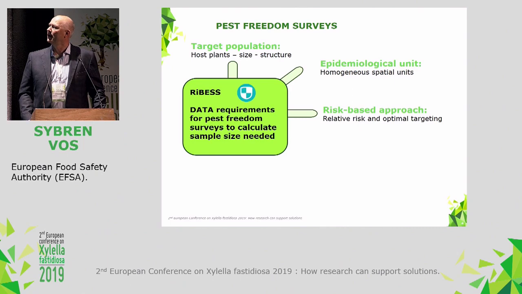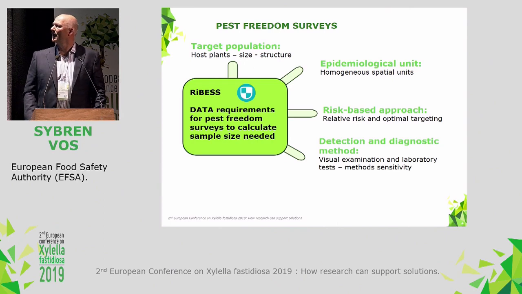We need to have information in the landscape and on the introduction and spread of the disease, etc., that can help us to assess the areas, the activities, and so on that can help us to better target this surveillance. And we need to provide an estimation of the relative risk of these different elements. Without a relative risk estimation, we cannot go for risk-based approaches if we want to do it on a statistical basis.